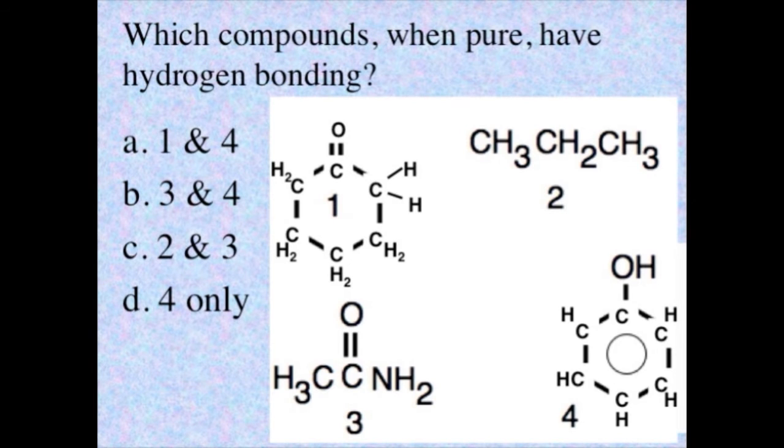So we have some questions on the next few slides. What you should do is read the question and put your playback on pause, and then come back and we'll discuss the answers. Which of these compounds have hydrogen bonding? Well, number 3 does, because there's an OH bond.